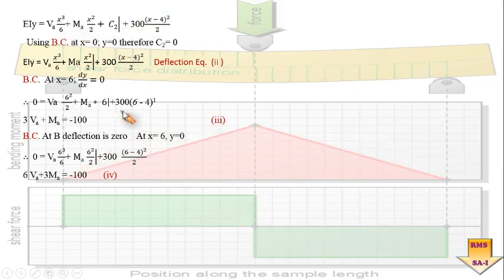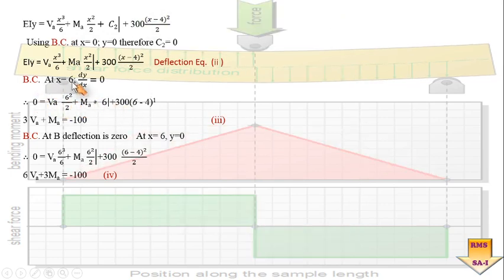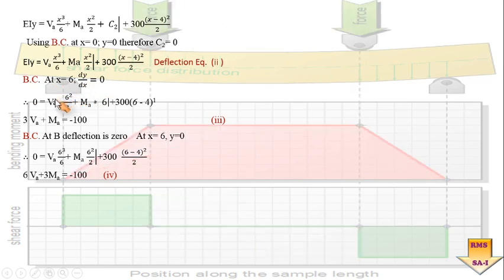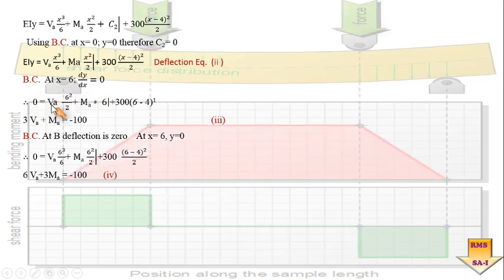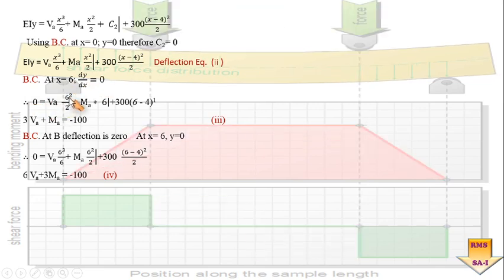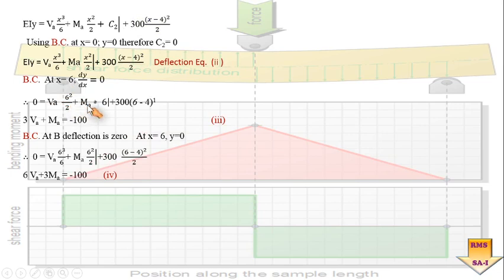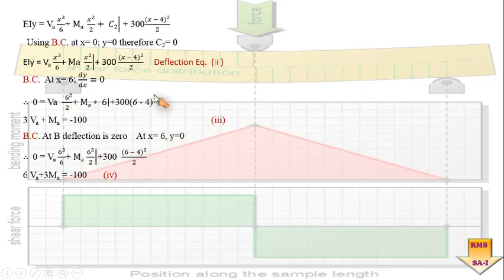Is it okay? So here after simplifying this, as we have seen that at x is equal to 6, dy by dx is equal to 0, therefore left hand side equal to 0, and using that slope equation we have VA, putting x is equal to 6, so VA 6 square by 2 plus MA into 6 plus 300 into 6 minus 4 raised to 1.